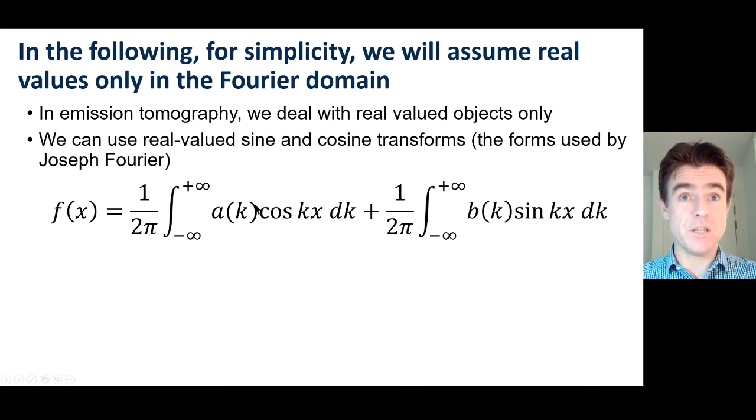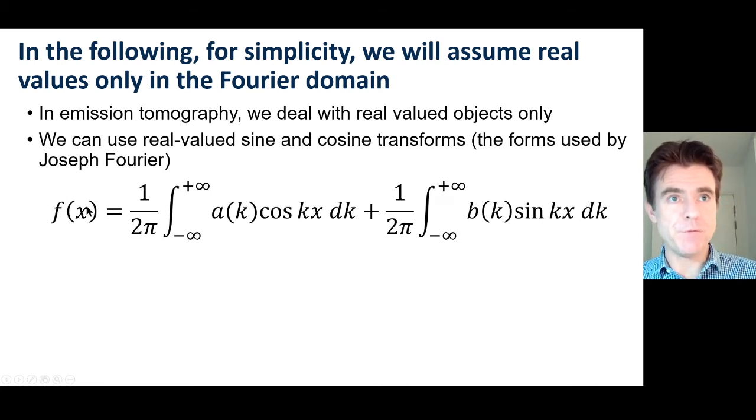So this is just like a Fourier series, if you like, but generalized to the case of non-periodic, aperiodic functions. So we're saying, just in 1D, that, for example, a radioactive concentration f as a function of position x is just given by a summation of cosine functions with particular amplitudes and a summation of sine functions of particular amplitudes.